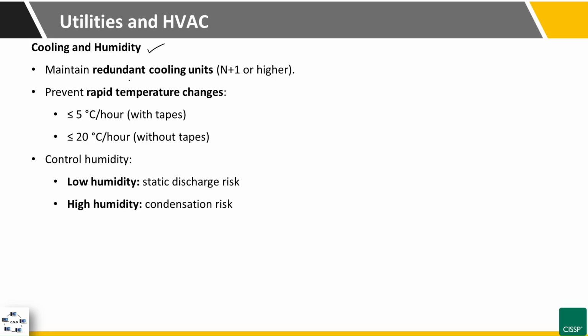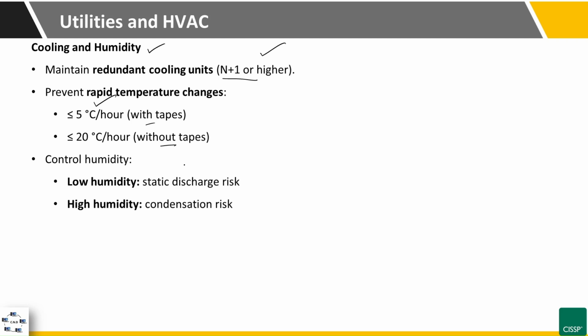Cooling and humidity. So maintain redundant cooling units, N+1 or higher, and prevent rapid temperature changes. For example, the temperature change should be less than or equal to 5 degrees in an hour with tapes, and less than or equal to 20 degrees centigrade per hour without tapes.